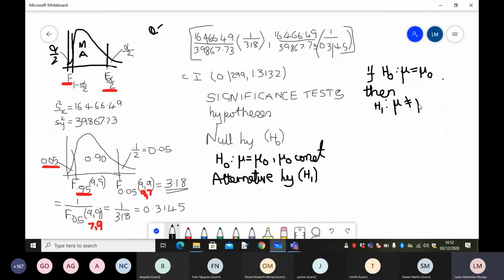Someone can just say that no, my weight is not equal to 60. Or another alternative can be mu less than mu naught. Maybe the weight is less than 60.